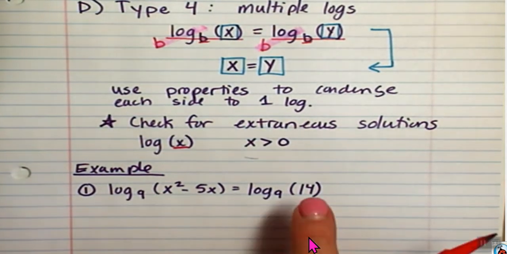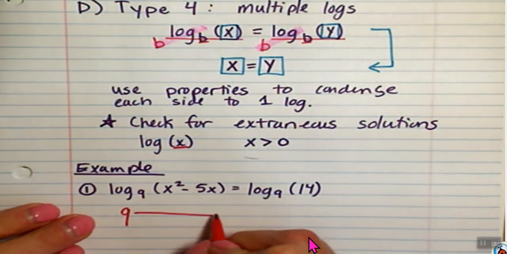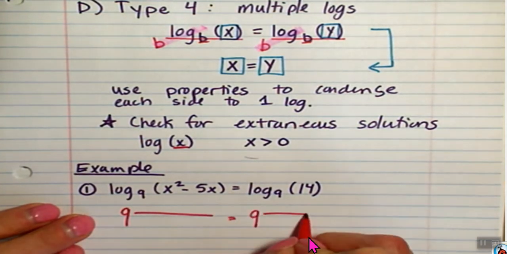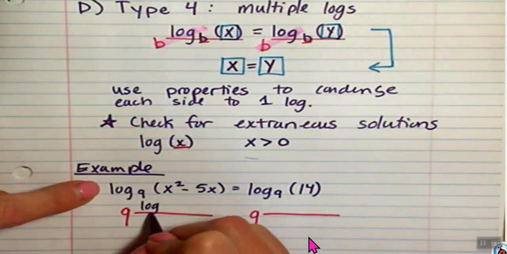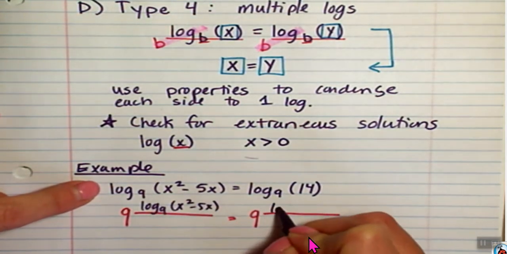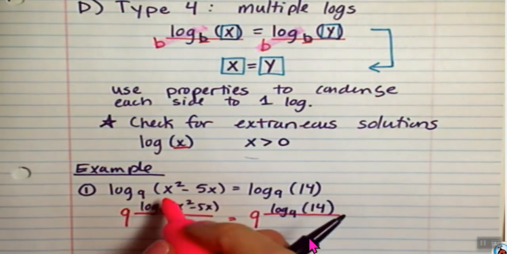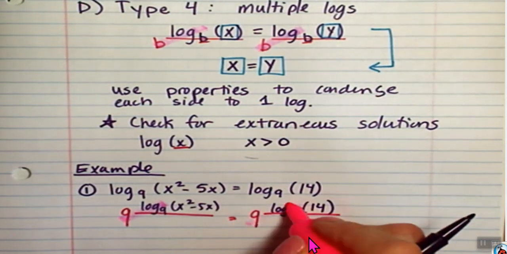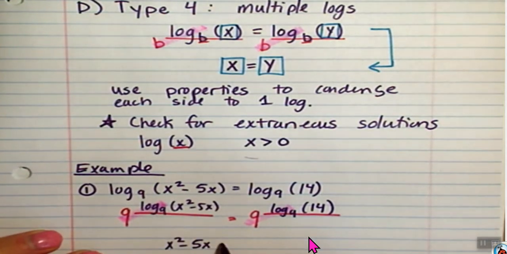Notice that I have one log on each side. So I'm going to exponentiate, which means whatever's on the left side is going to turn into an exponent. My inverse property applies, and we end up with x squared minus 5x equals 14.